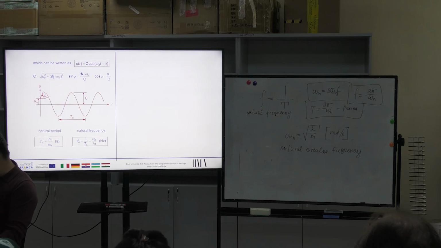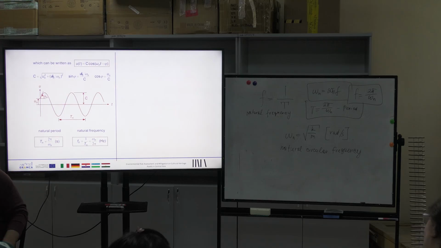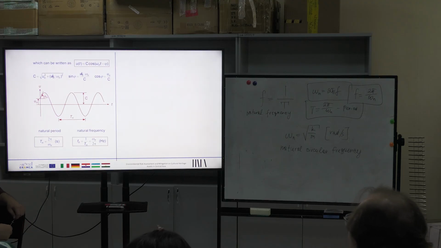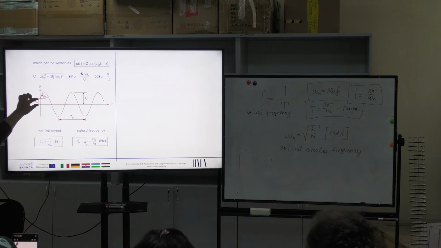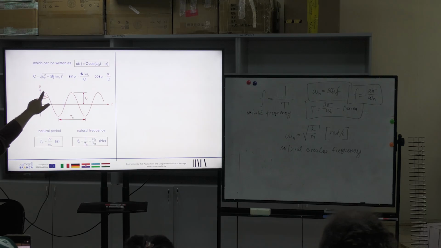Now we came to the point which you asked. This is the initial displacement with which I started to move my object, and this is the initial speed. Okay? Do you understand?